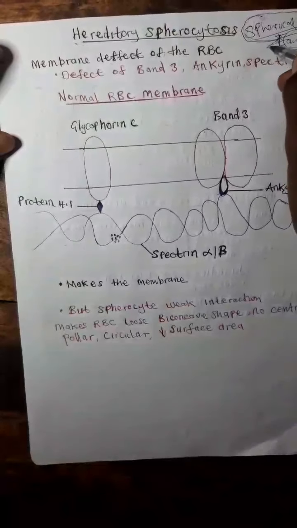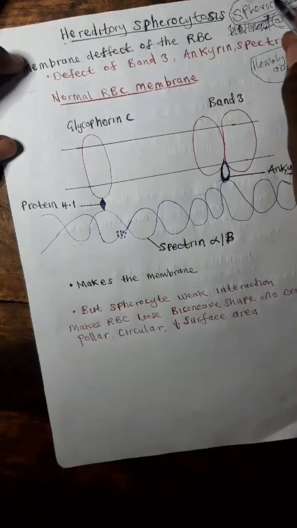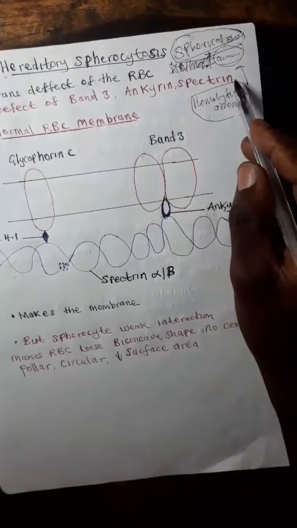And that type of anemia can be subdivided as hemolytic anemia. Why? Because of the destruction of the spherical-shaped red blood cells.